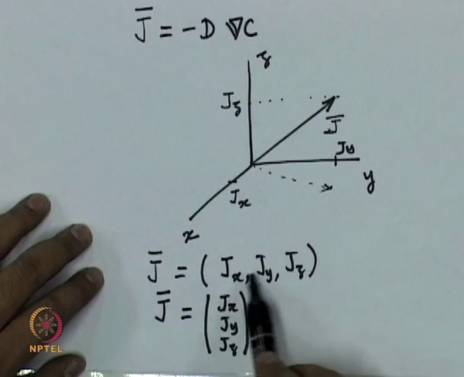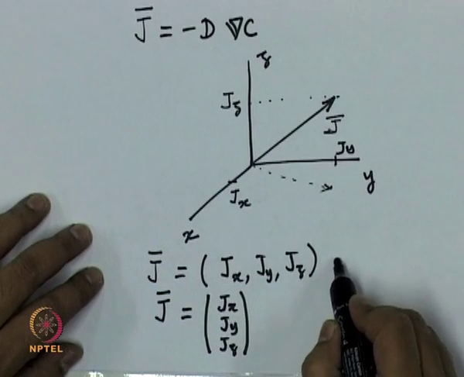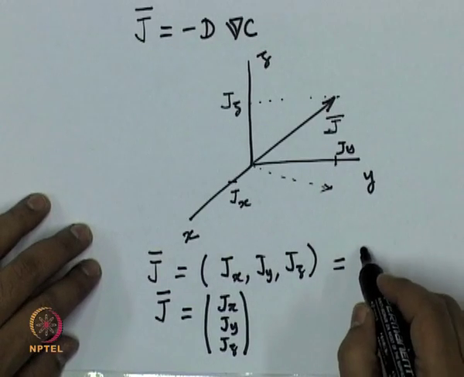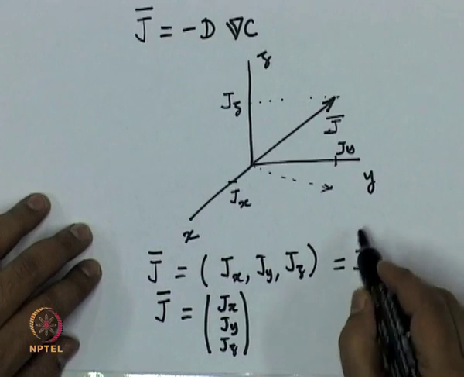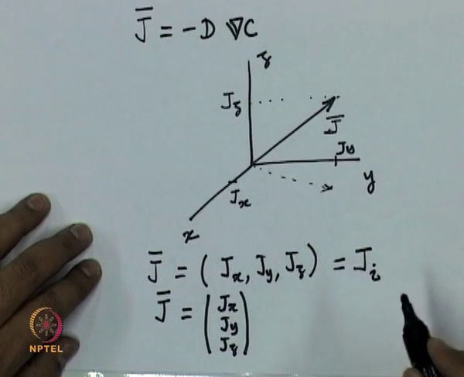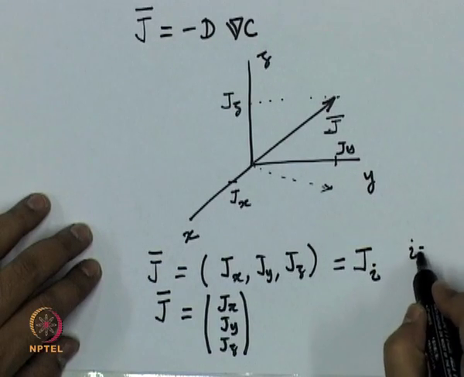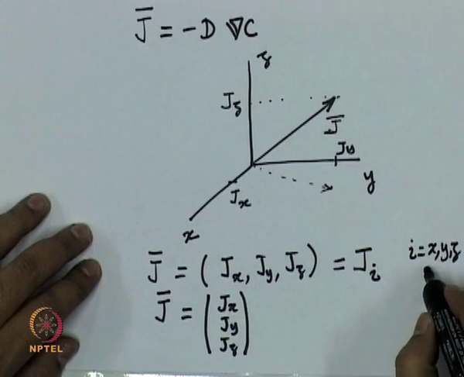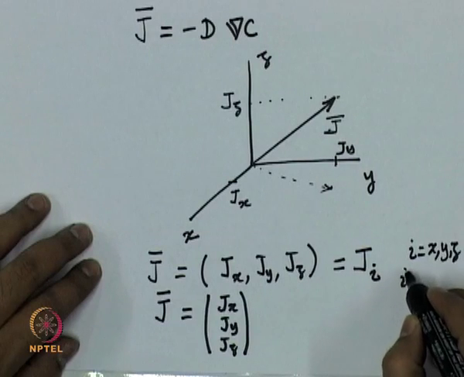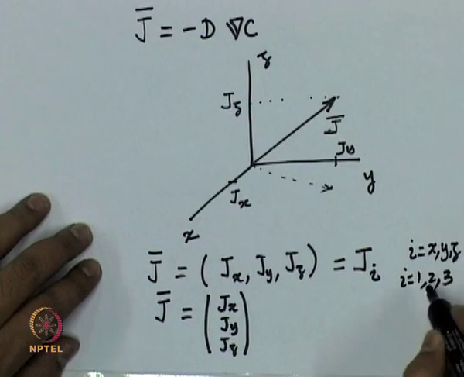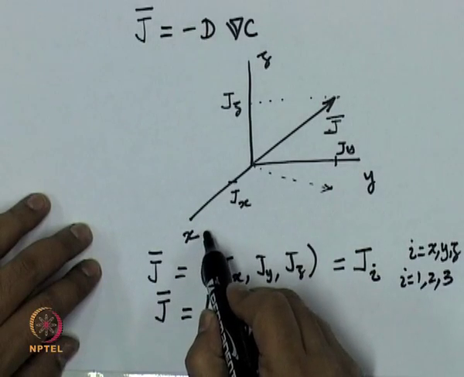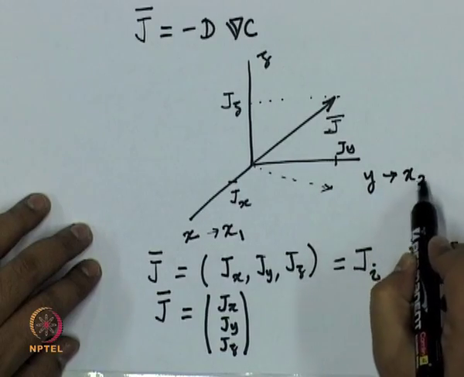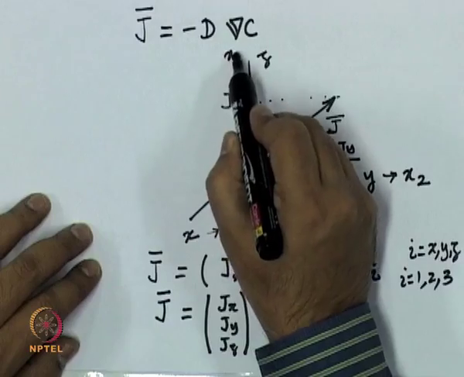And when we represent it in this manner, there is a more generalized vectorial notation, which says that instead of putting an arrow on top, I am going to write j of I, where I runs over x, y and z. Sometimes people also replace x, y, z by I equal to 1, 2, 3, in which case instead of x they say it is x1, instead of y they say it is x2, instead of z they say it is x3.